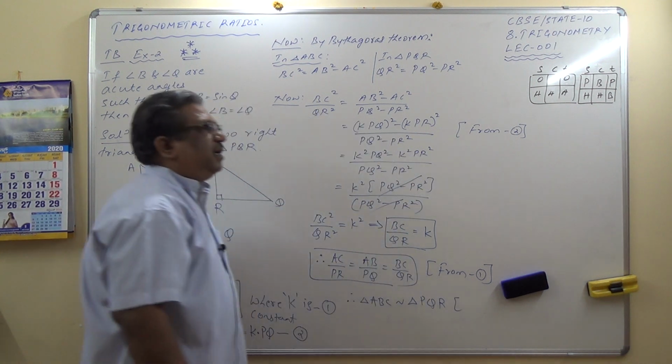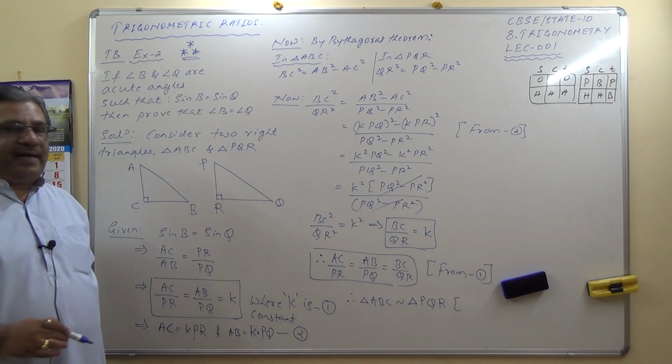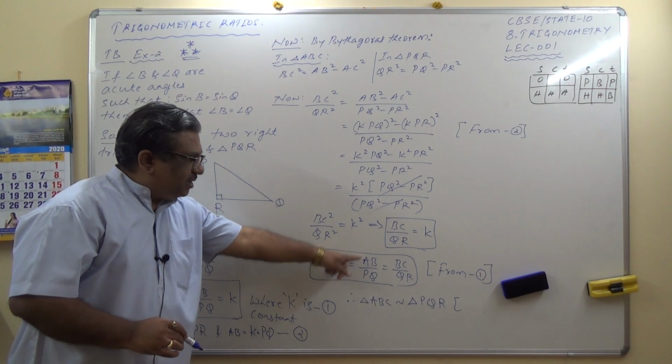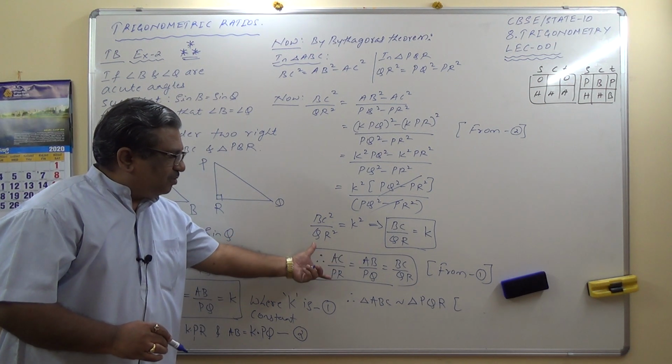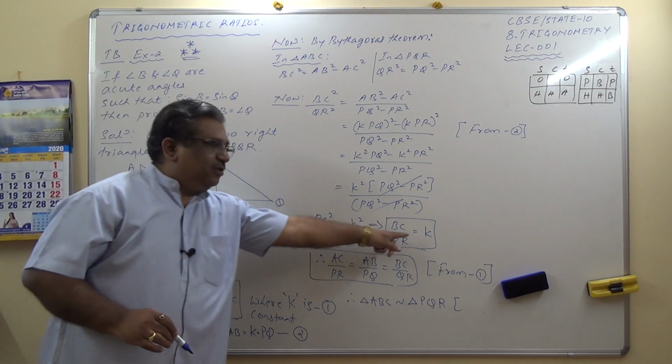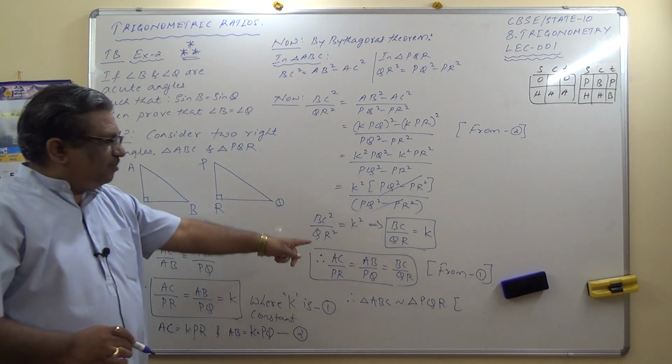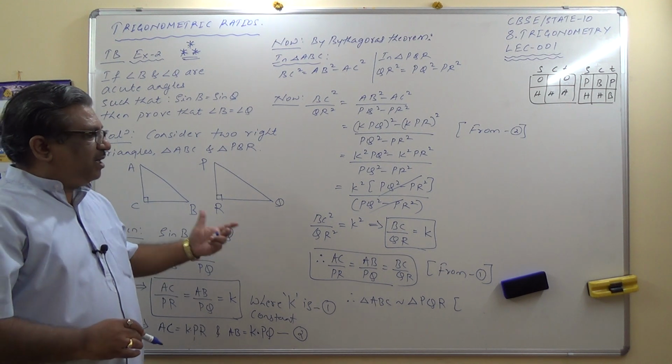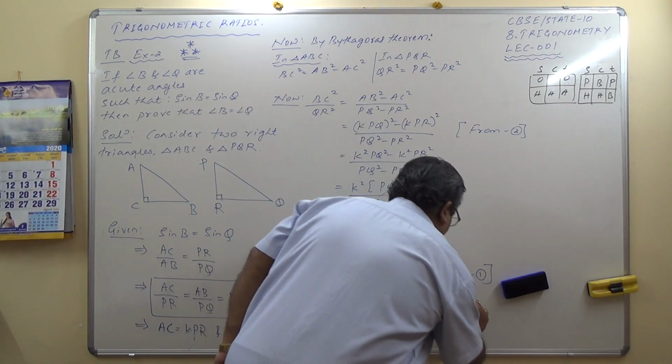By what? Triple S similarity criterion, because these are the ratios of the corresponding sides of these two triangles, which equal a constant basically, and hence these two triangles are similar by triple S similarity criterion.